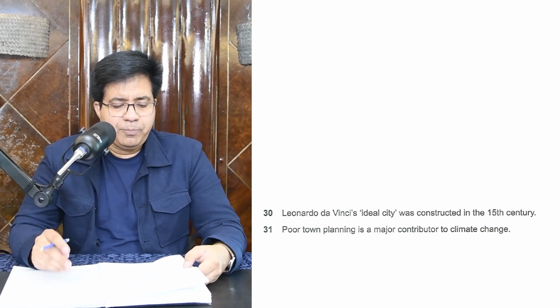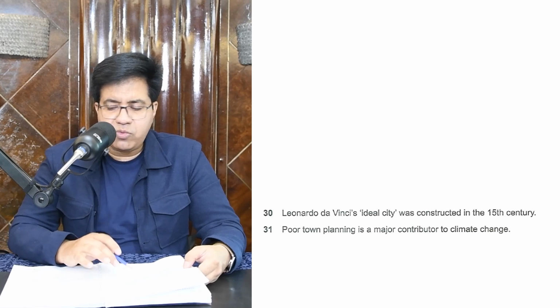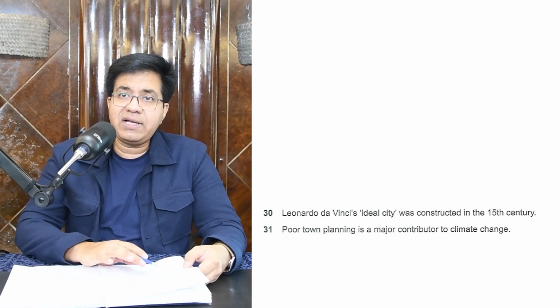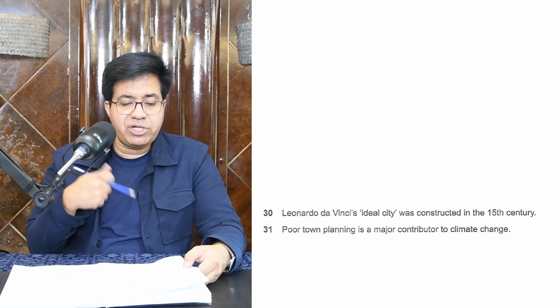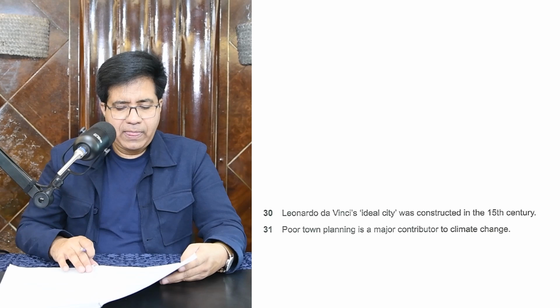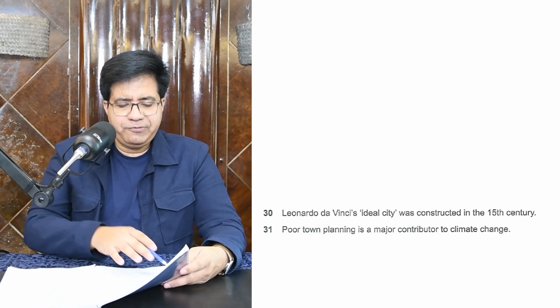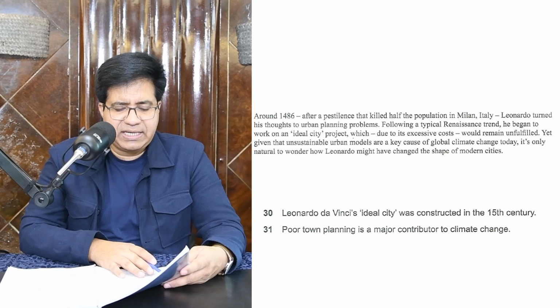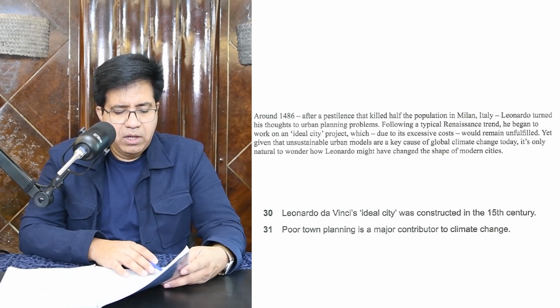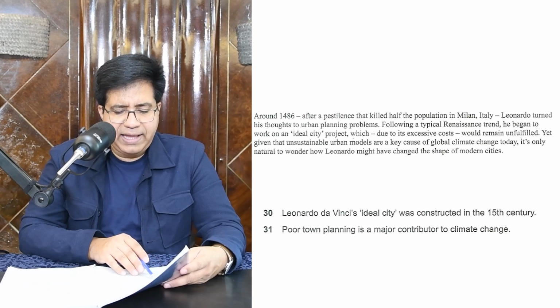Question number 31. Poor town planning is a major contributor to climate change. Let's go back. All right. We've got the same paragraph where we found 1486. So we are going to look for town planning and all that.